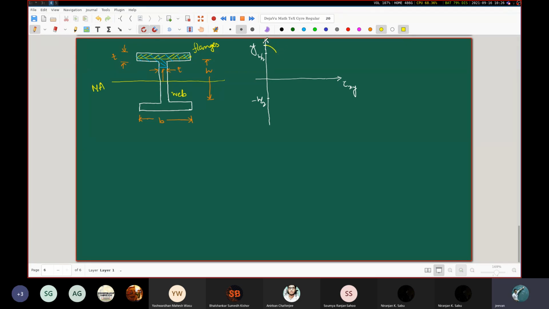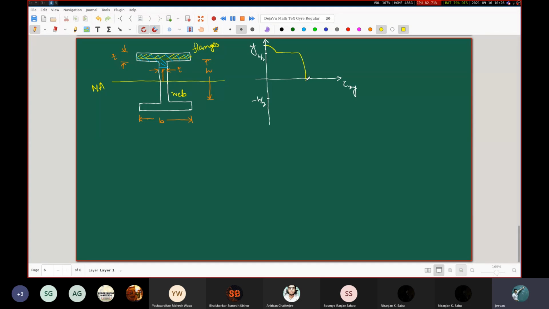So on that, the distribution will be something like this. It's going to be a parabolic distribution, but with a very low value. And then when this web portion starts, when you're moving down and this web portion starts, the tau xy value is suddenly going to jump up. And then it is going to be another parabolic distribution, but almost a constant value.